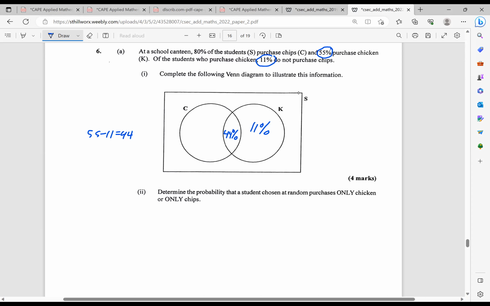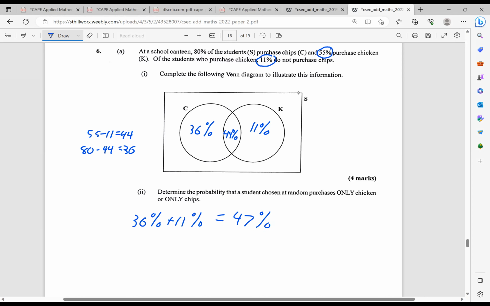So that's 55 minus 11, which is 44. And those who purchase chips only would be 80 minus 44, which is 36. So therefore, the probability that a person chosen at random purchases only chicken or only chips would be 36% plus 11%, which is 47%, right?